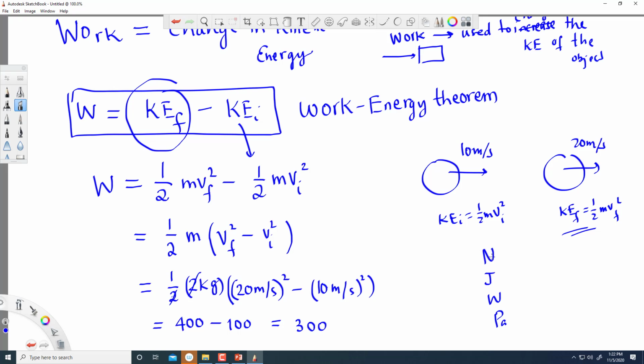Which quantity has the unit of Newton? Force. Yeah, so this is not right. How about joules? Which quantity has the unit of joules? Energy, right? And energy and work are the same kind of thing. Watt is the unit for power. Pascal is the unit for pressure. So this is joules.